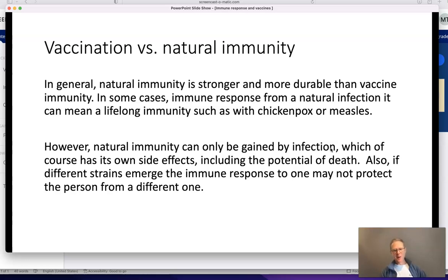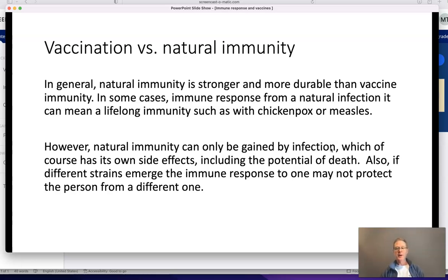However, of course, natural immunity has side effects, up to and including death, right? To develop natural immunity means you have to be infected, right? And you may have heard stories about parents not wanting to vaccinate their kids against chickenpox and having chickenpox parties and intentionally infecting their kids. I got to tell you, bad idea in the case of chickenpox.